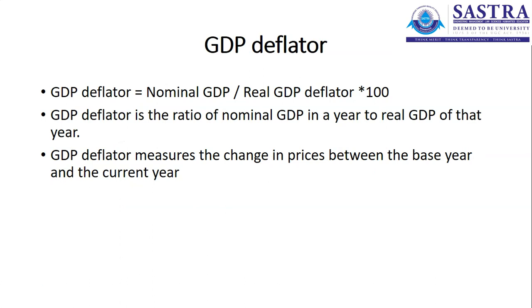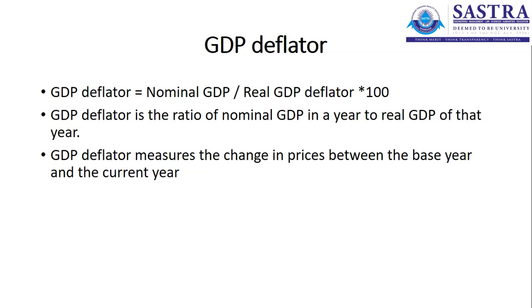The GDP deflator is the relationship between the nominal and the real value. The GDP deflator is equal to nominal GDP divided by real GDP, multiplied by 100. We can understand the fluctuation, the volatile movement of the gross domestic product of a particular country, meaning the inflationary effect prevailing in that country.